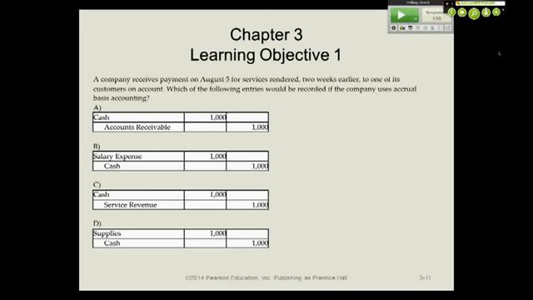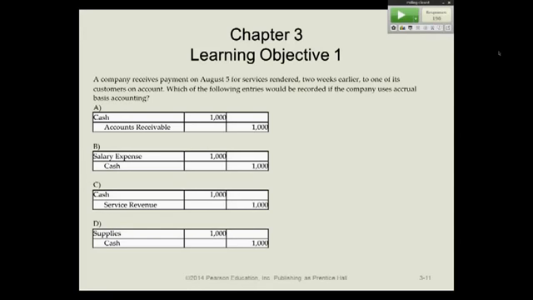So the way this works is, all right, let's see what happened. In the first, what was it, 2 weeks prior? You provided service, no entry on a cash basis.